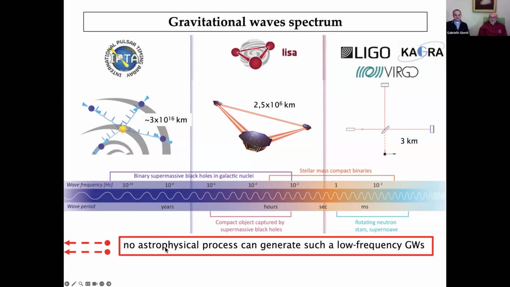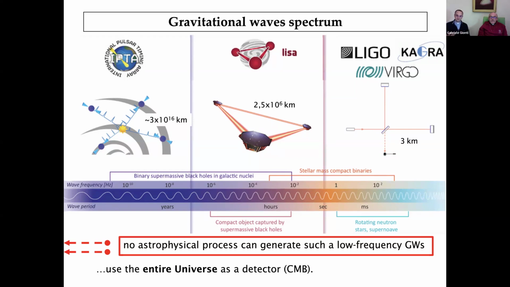But there is no astrophysical process that generates gravitational waves with very big wavelength and small frequencies. And this is the region where we should look for primordial gravitational waves produced by inflation. The idea in this case is to use the entire universe as a detector.